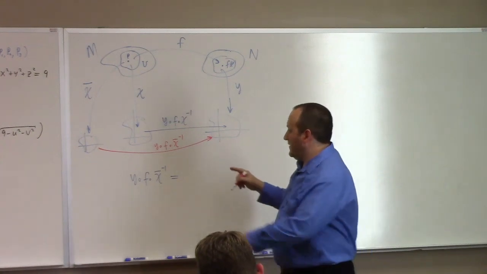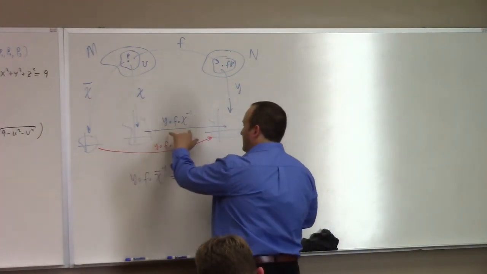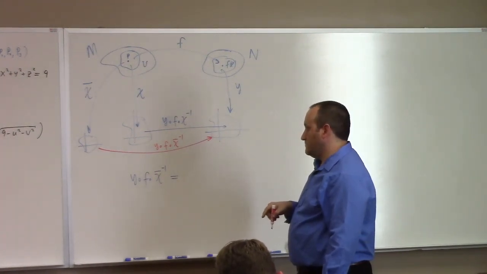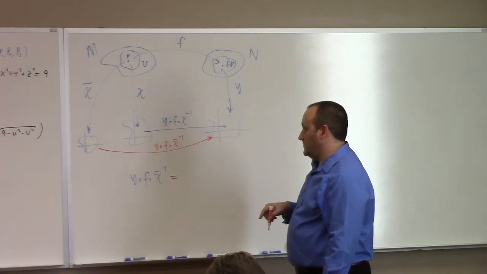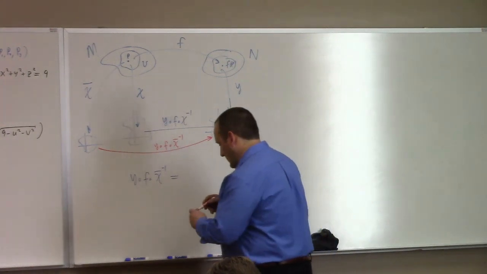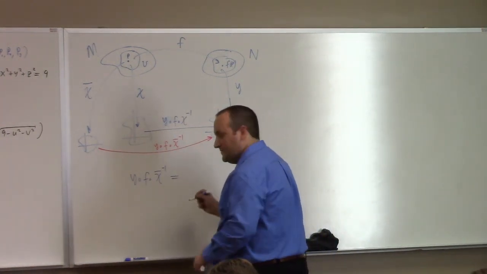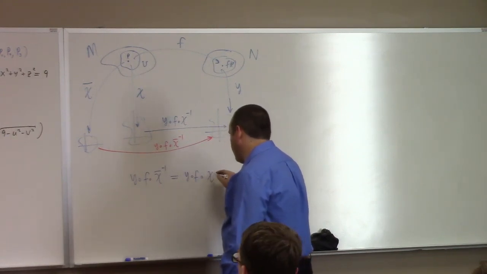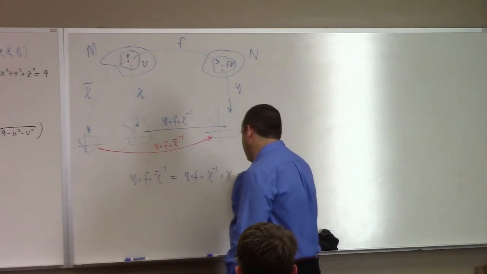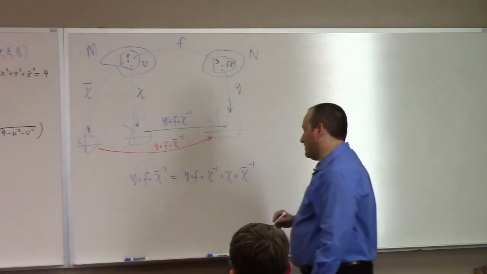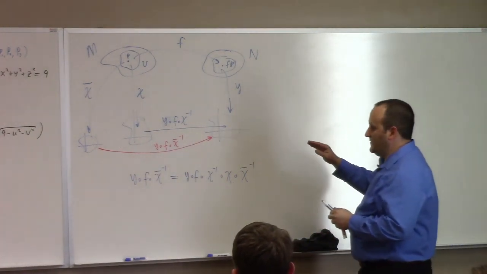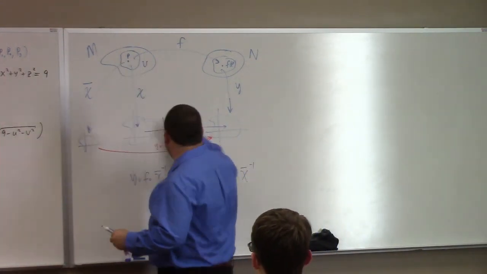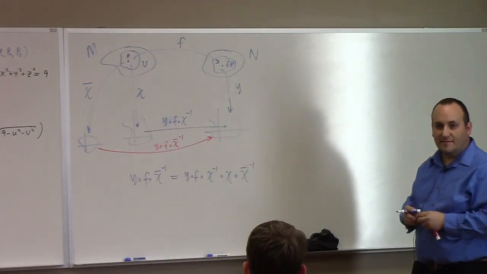How do I rewrite this in terms of that? Graphically, what I did was go up here, back down here, and then over here. And then we have the composition of two smooth functions.